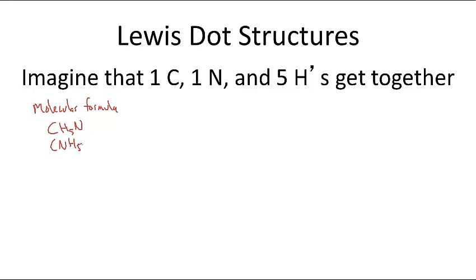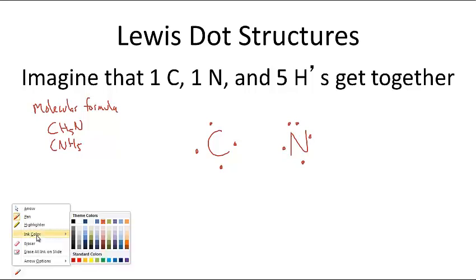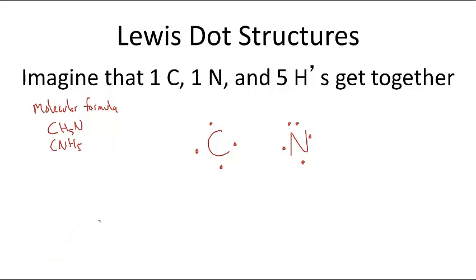Now the way I do this is I start with C, and I have my 4 valence electrons. I'm going to put N next. N, I'm thinking to myself, okay, it's in group 5, so that means 5 valence electrons. Again, 1 on each of the sides before I pair them up. I'm going to put hydrogen in as a different color. So I have 5 hydrogen, and each hydrogen has 1 valence electron.